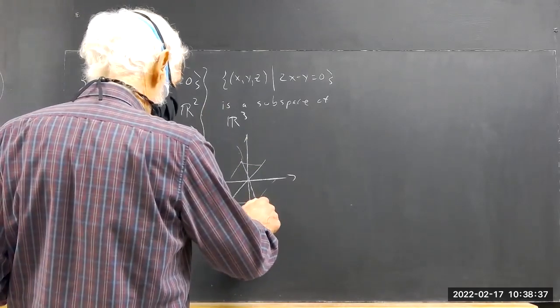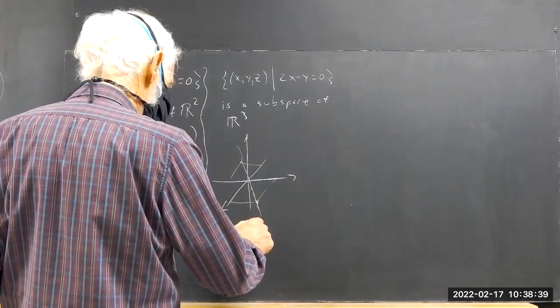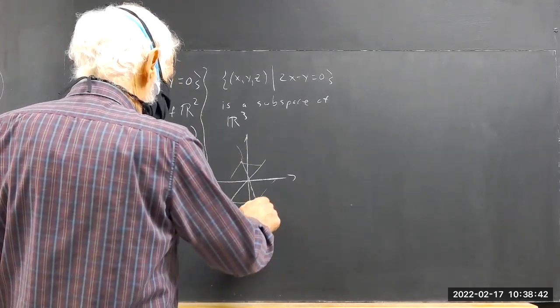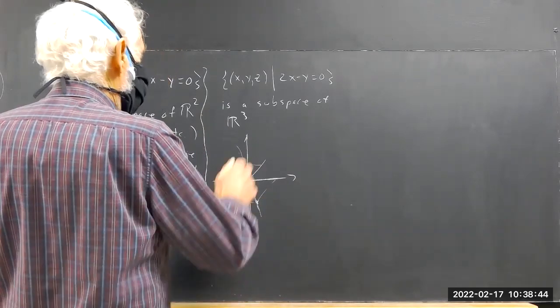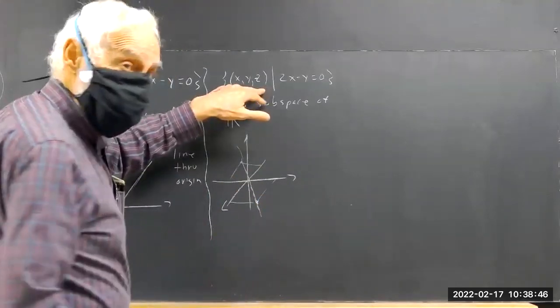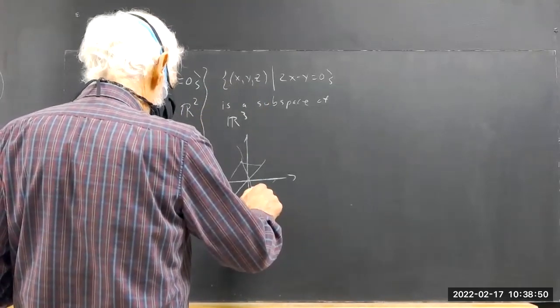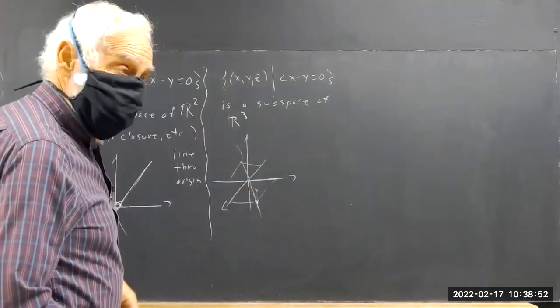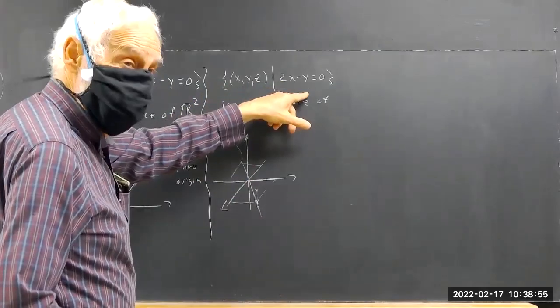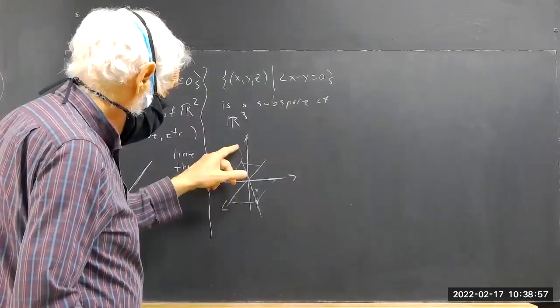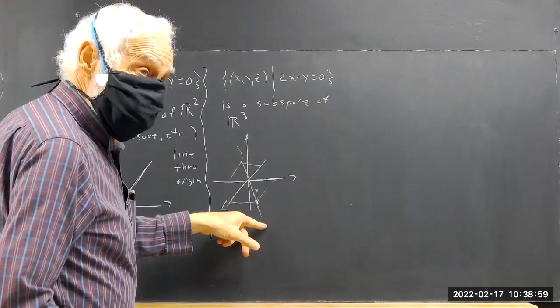So this point is on the graph, but it's also on the graph if you have the same X and Y, but any number for Z. So for example, Z could be 1. So if this is 1, you can come up to here. This point still satisfies this if it's directly above a point on the line.